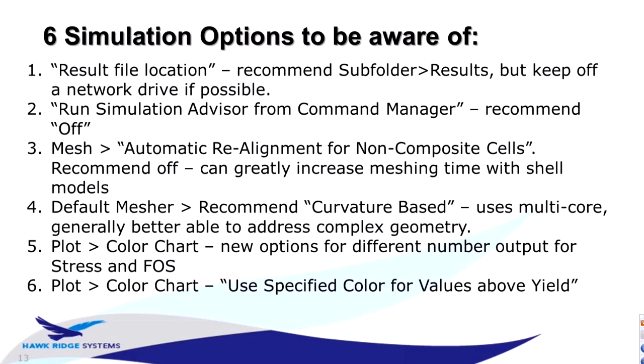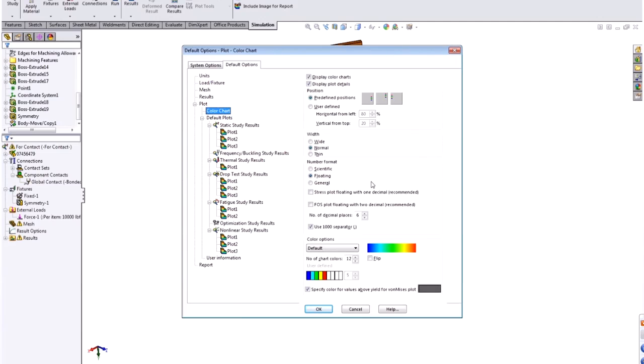I'd strongly recommend it. And then if you're using SOLIDWORKS 2014, if you check out some of these color chart options, there are a couple of new options here to apply different numerical formats to the stress and factor of safety plots.